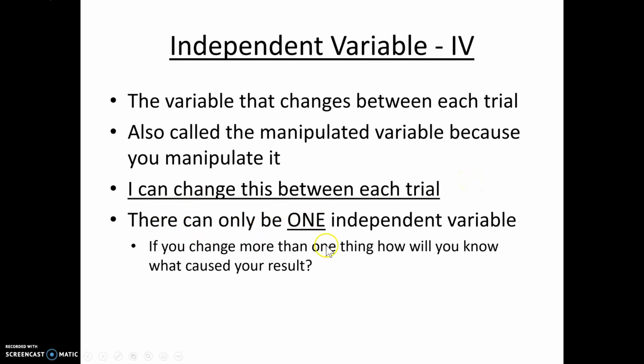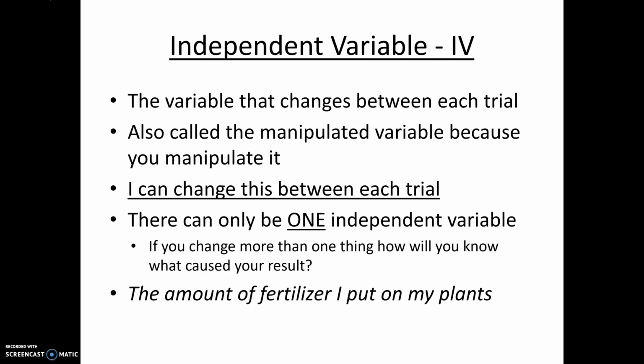So there can only be one independent variable. This is really important to note. When we break down different experiments, we're only going to have one independent variable. The reason for this is because if you change more than one thing in your experiment, you don't really know what you're testing. So we're going to start with an example about fertilizer.